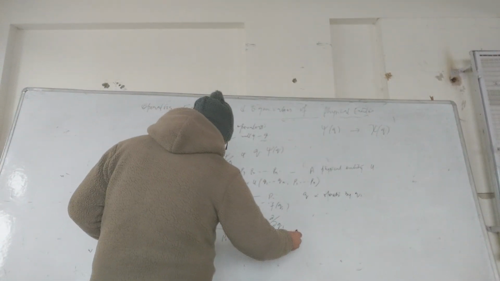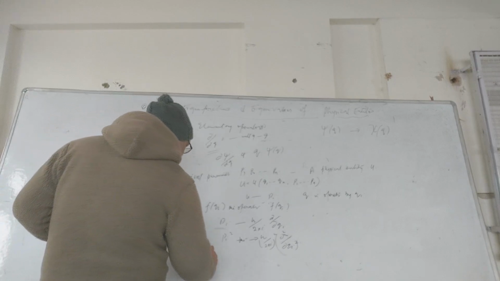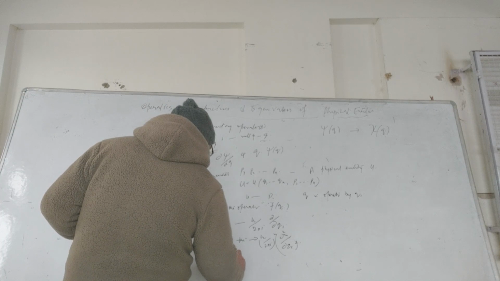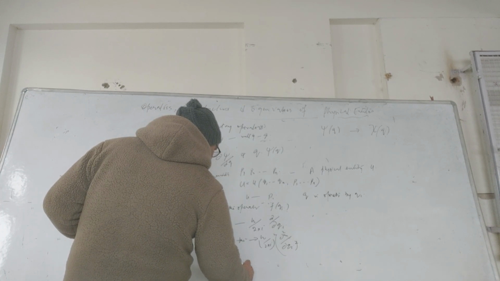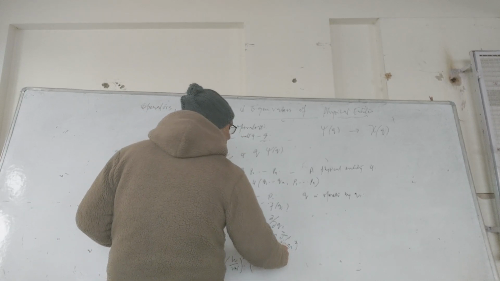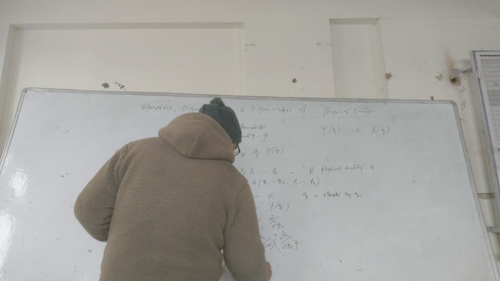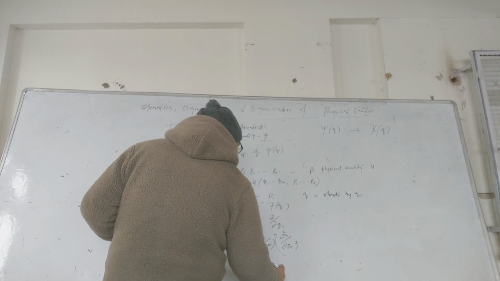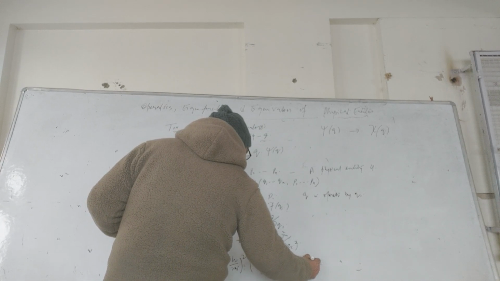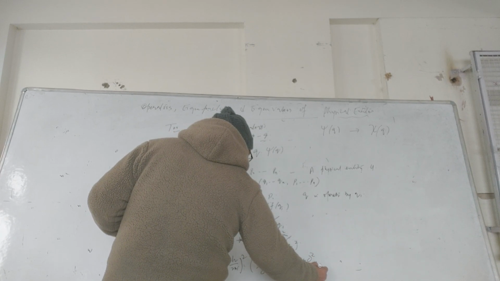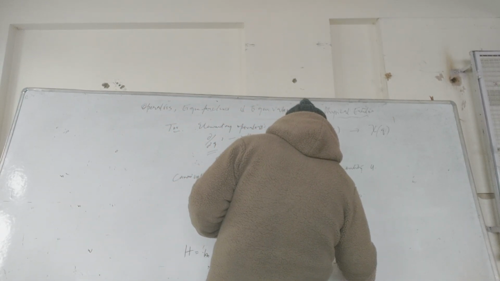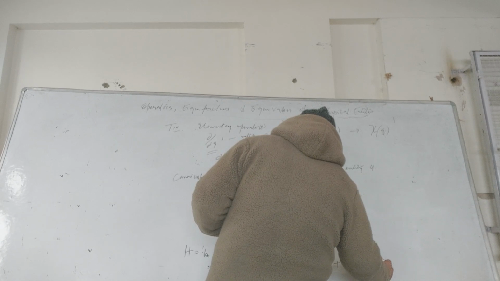If you want to write it in operator formalism, it is 1 by 2m outside, h by 2 pi i squared, d2 by dq1 squared, or q2 squared, or q3 squared (qi can be x, y, z, meaning 3 coordinates), and so on, plus the potential V of q1, q2, q3.